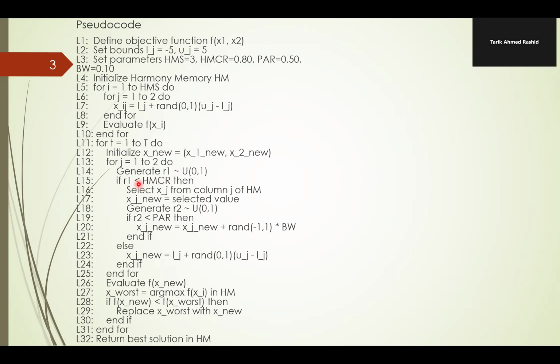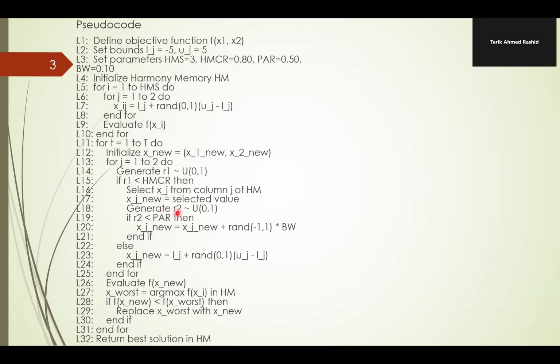If that random value is less than the harmony memory considering rate, then a value from the column of harmony memory will be selected and assigned.